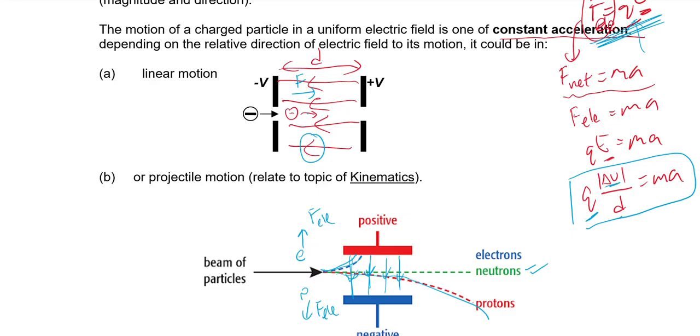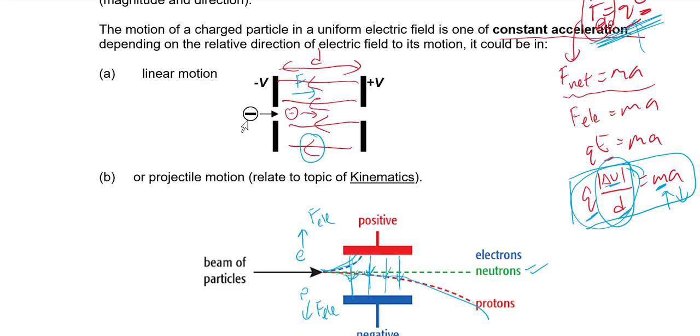Delta V over d is the same because it's in the same plates, so this is the electric field strength. The only difference is the proton is much more massive than the electron. So vertically, given the same force, the acceleration for the proton must be a lot less because the mass of the proton is a lot higher. So that's why you see the bending of the proton is a lot less pronounced than the electron.